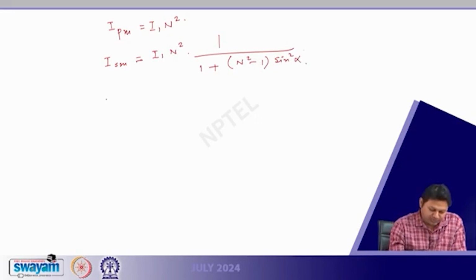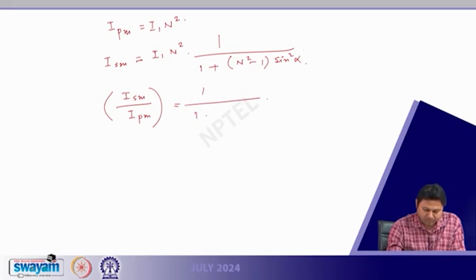So, if I find I secondary maxima divided by I principal maxima, this ratio will be 1 divided by 1 plus n square minus 1 sin square alpha.